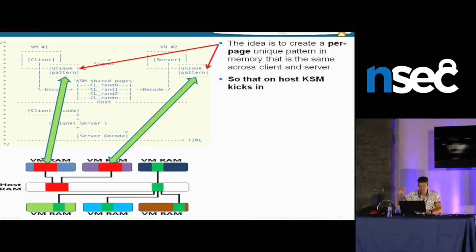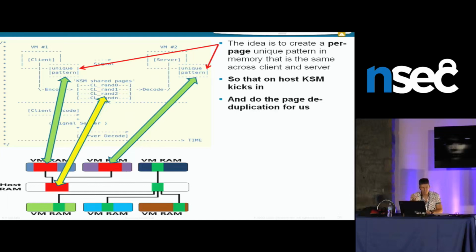The idea is that after some time, since KSM takes some time before it kicks in, KSM will detect those pages and see that they are the same, and it will do the page deduplication for us. At the end, those pages are going to point to the same physical address on the host, and so the cache lines are shared.